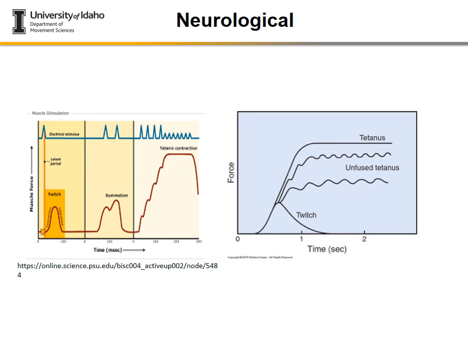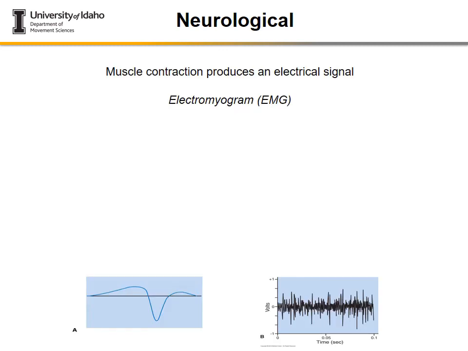So this shows you the difference between a twitch versus a summation of twitches versus that ultimate tetanus. And in this graph on the right hand side, the unfused tetanus is that same location of the summation, and it shows you how you reach a particular force production and it goes down because there's time in between the individual electrical impulses.